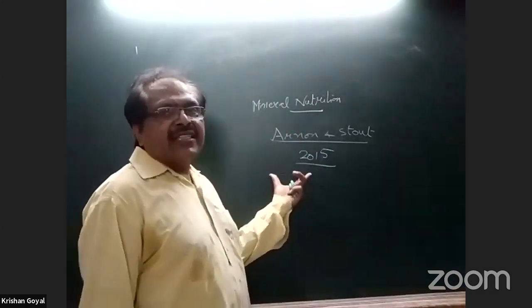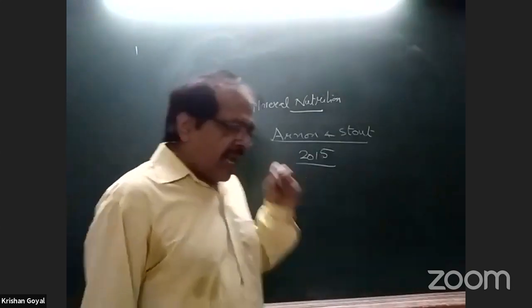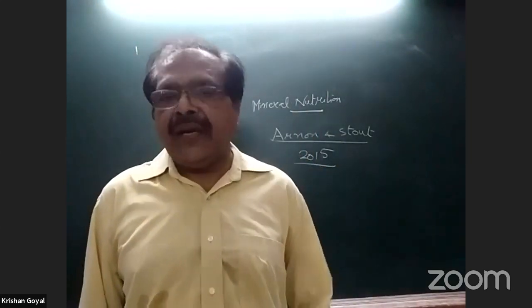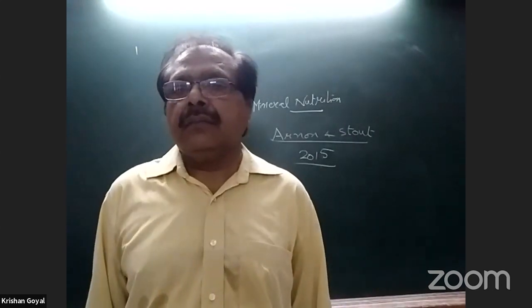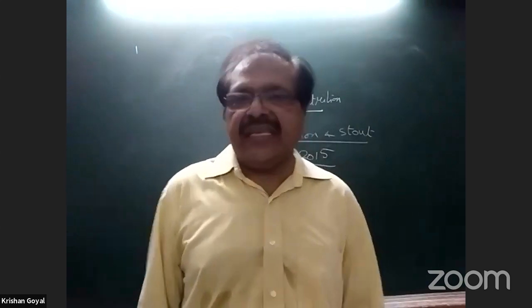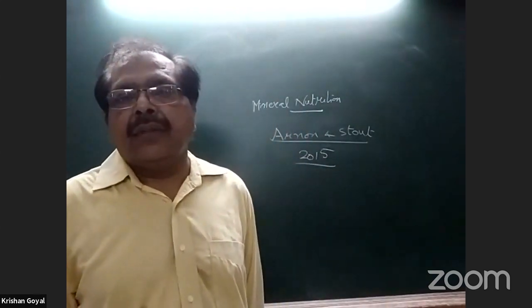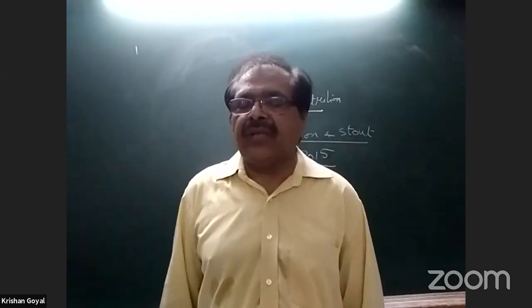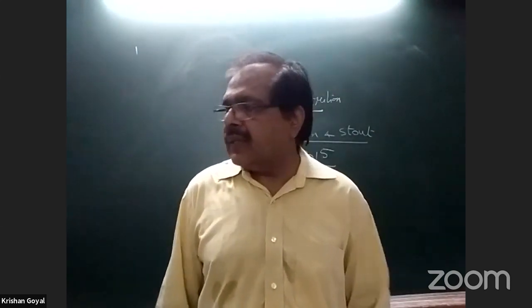Arnon and Stout. The element which is deficient in quantity, the growth of the plant is inhibited. And even the life cycle of that plant cannot be completed without that particular element.